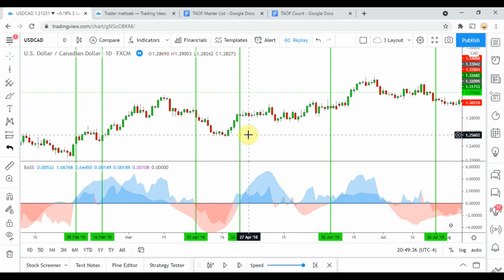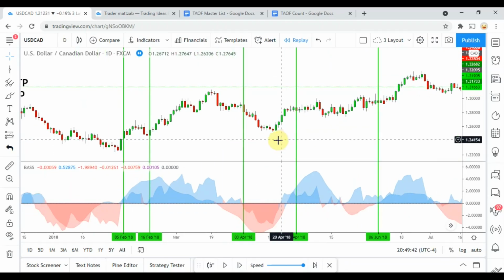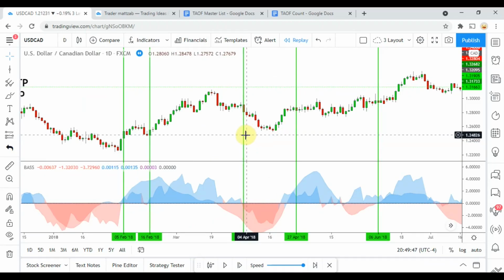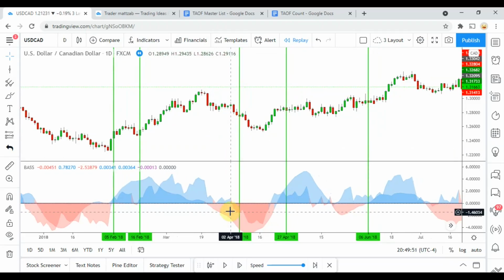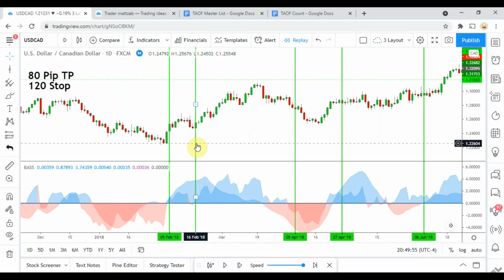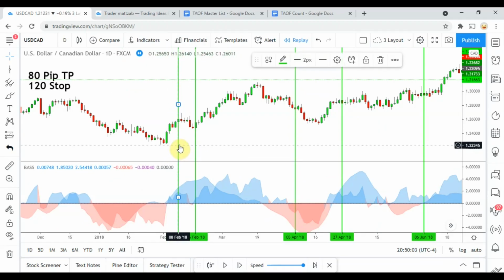Just going back and taking another look at these to make sure that we were right on the right point of entering. I mean, I guess we could look at the cloud itself, but I feel like these coordinates are a little bit more important to be jumping into at a specific time.